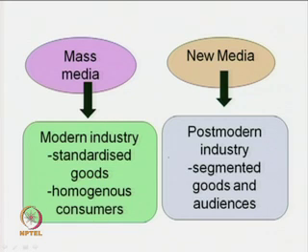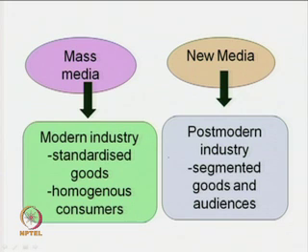Then we also found that mass media and new media may be described also from the point of view of the nature of their industry. Mass media is to do with modern industry, with standardized goods, homogeneous consumers, which, as we found in the last few lectures devoted to media forms and cultural industry, have received a good amount of critique from scholars.